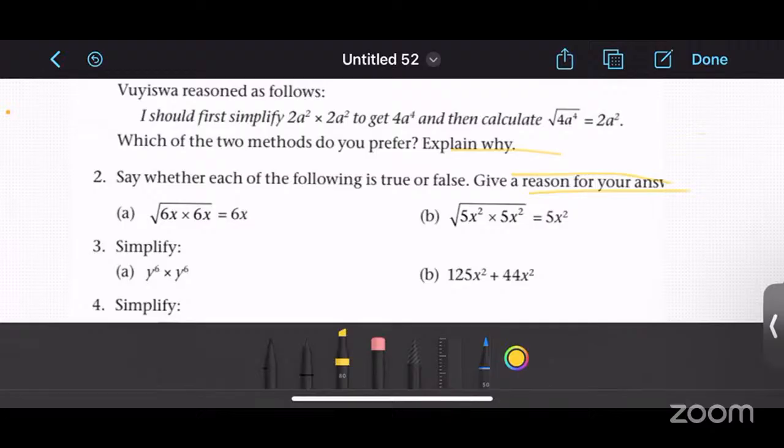And then the square root of 36x squared gives me 6x, ma'am. I want to know, how do you know that the square root of 36x squared is equal to 6x? Because, ma'am, the square root of 36 is 6. And then for the exponent, I divided it by 2, ma'am. Why are you dividing it by 2? Ma'am, I don't know. It was something we were taught, ma'am.